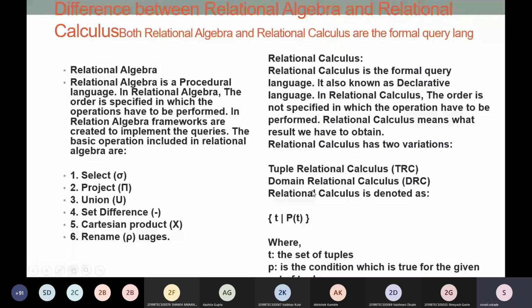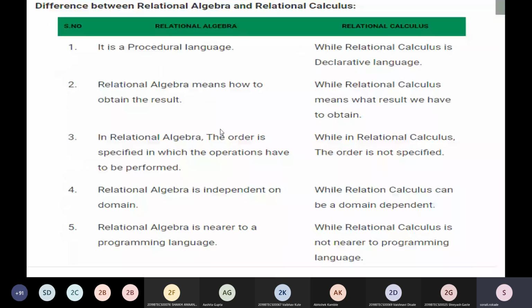So we have these two syntaxes also. This is the difference between relational algebra and relational calculus. All the sorted points are also available here that I told you in paragraph-wise structure and in sorted form also.